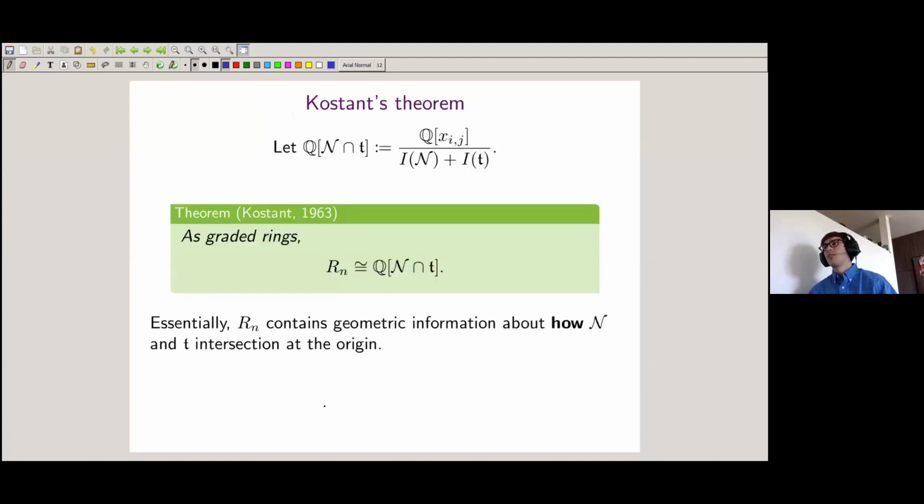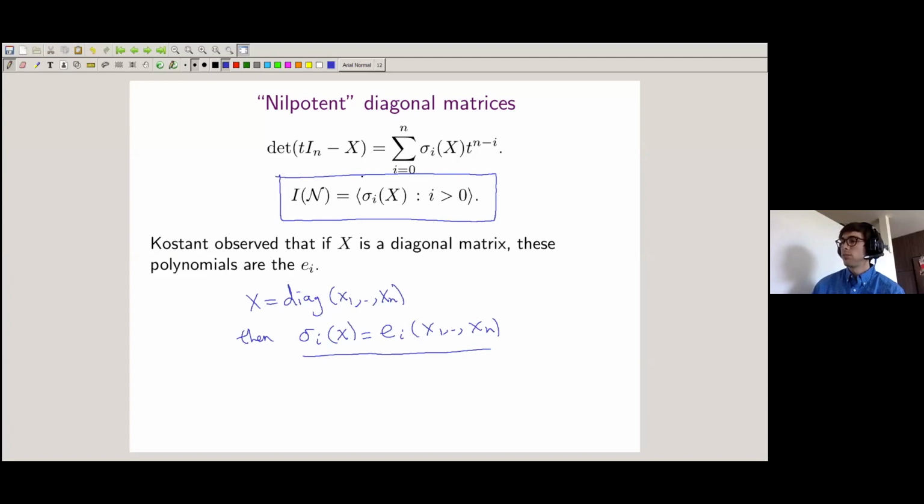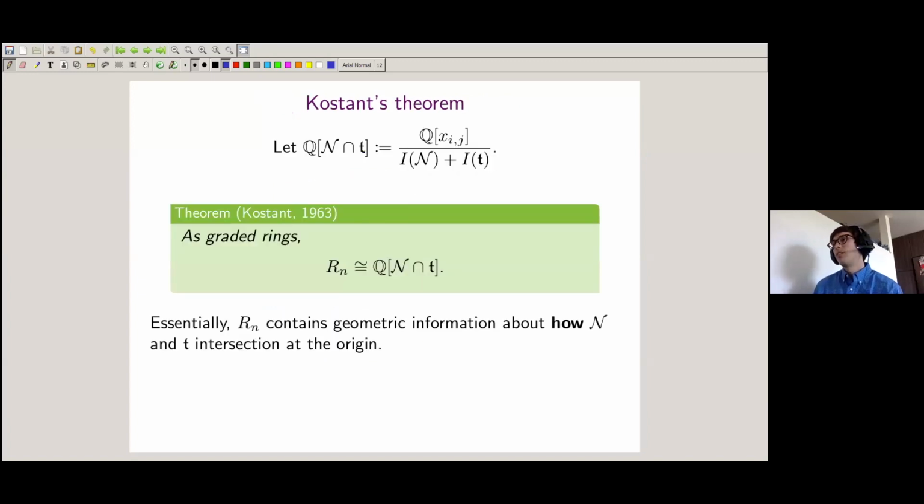And Kostant proved that, and basically Kostant's observation can be translated in the following way. So we'll let Q bracket n intersect T be not the defining ideal of the intersection, but this quotient ring where you quotient out by the sum of the ideals of those two sets.